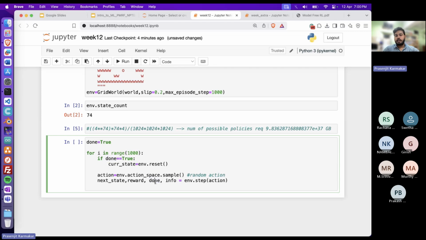So when the environment ends, it resets again. And here my current state becomes the next state.